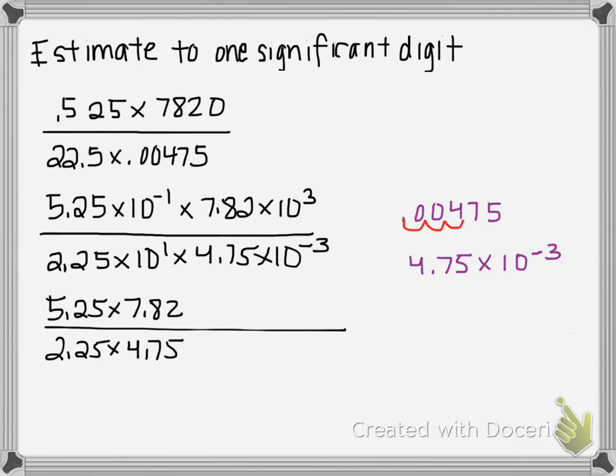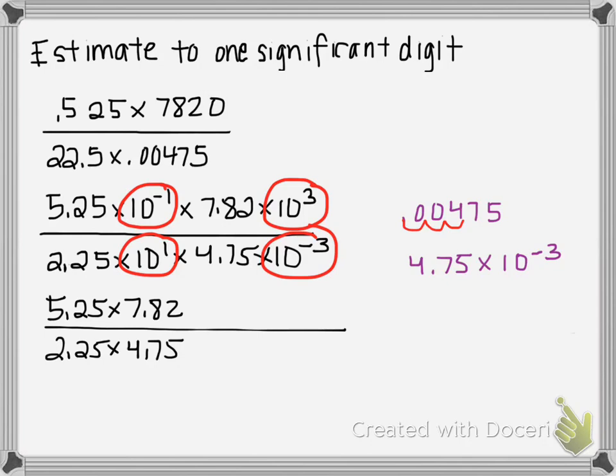Now these tens that we have here, 10 to the negative first and 10 to the third, 10 to the negative third, we're going to be able to combine all of these because they have a common base. So we're going to be able to use laws of exponents. That's the usefulness of converting to scientific notation here, that I've set myself up to use the laws of exponents with these powers of 10.